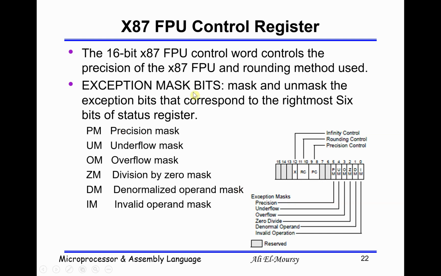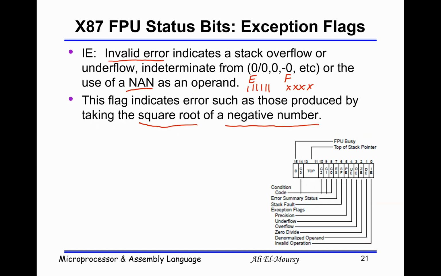Starting with the exception masks, the exception masks are bit per exception. We described the exceptions in the previous slides, discussing the status bits. The status bits are updated whether there will be an exception happening or not. We already went over the different types of exceptions.